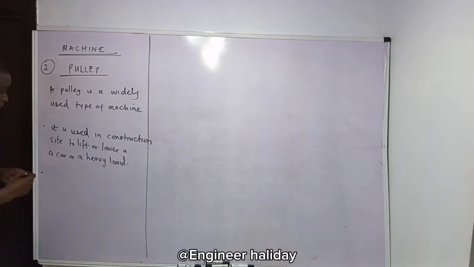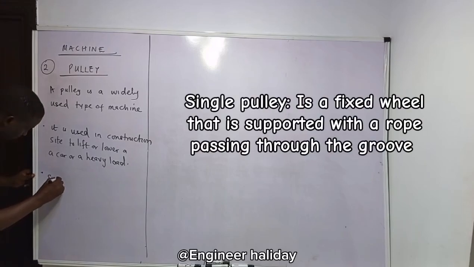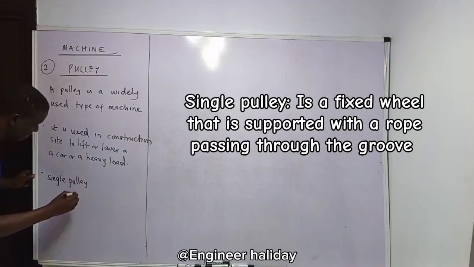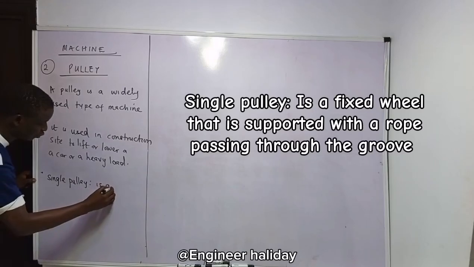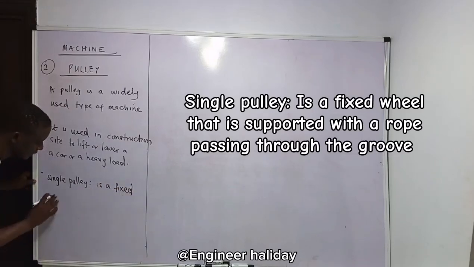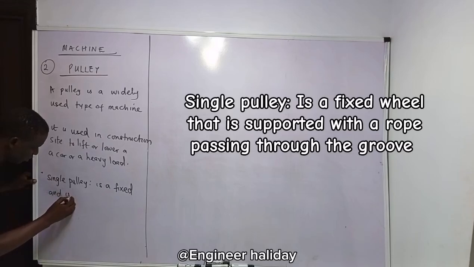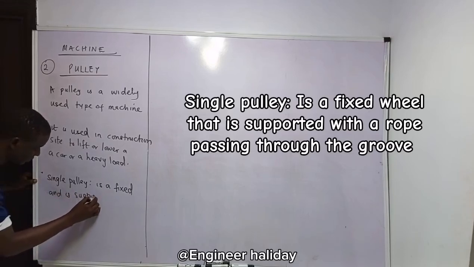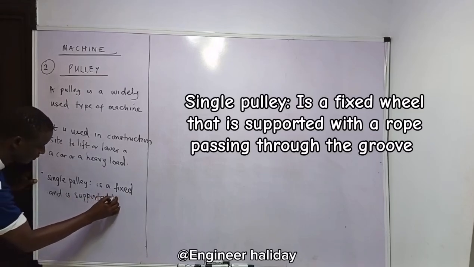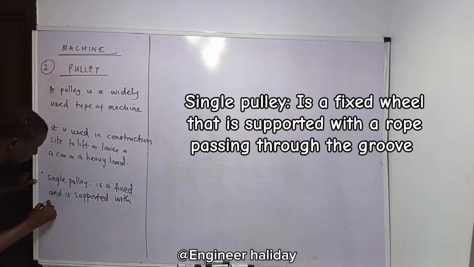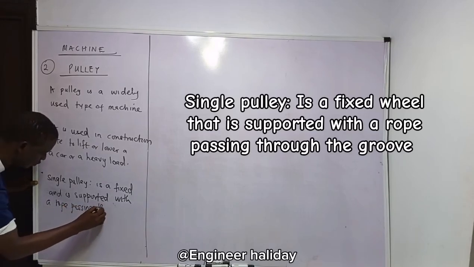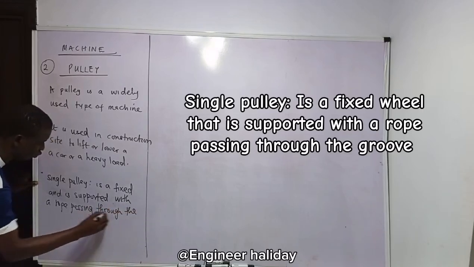Now let us take a single pulley. In this single pulley, we want to see it as a fixed pulley, supported with a rope passing through the groove.